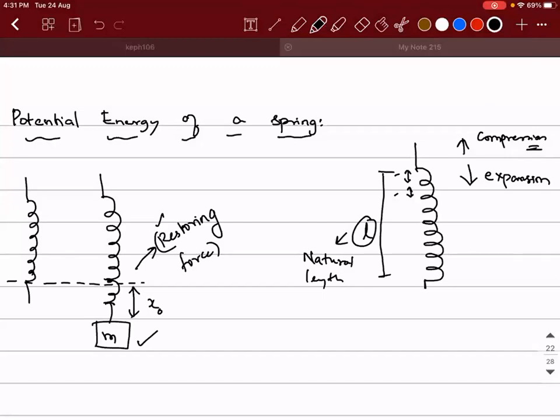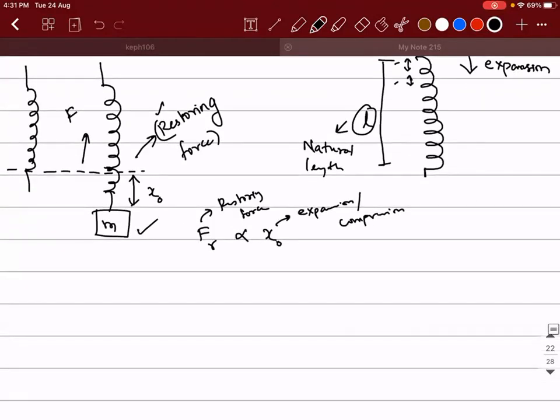So there will be a restoring force acting, where this restoring force Fr is observed to be directly proportional to x naught, where Fr is the restoring force, x naught is the expansion or compression. Then, if you remove the proportionality symbol, Fr will be written as minus k into x naught.